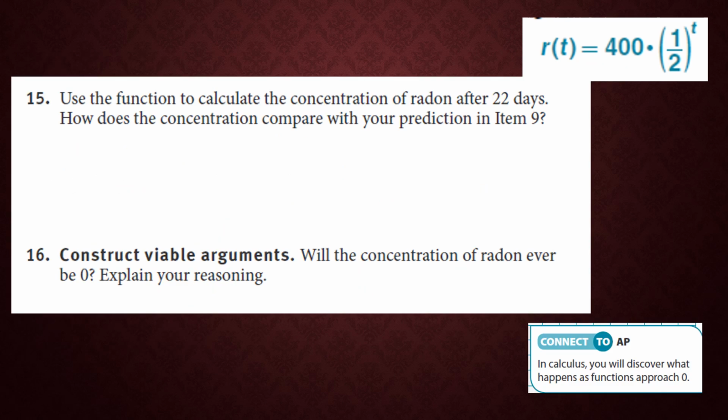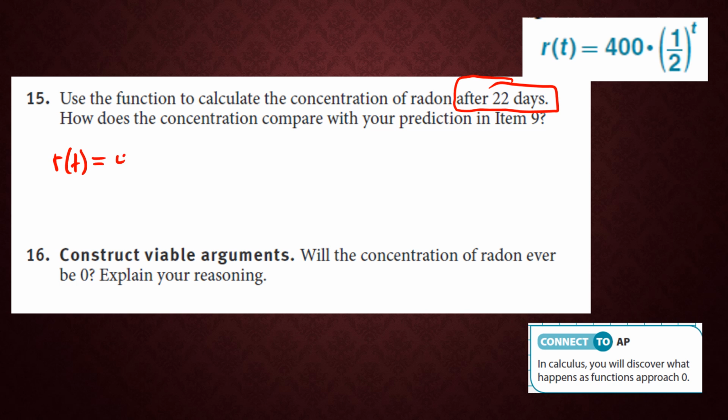All right, so again, as always, I'm going to encourage you to try these yourself before you just copy what I say, because think about what your power is going to be when the time period is 22 days. So try it yourself, do some thinking and some struggling, see what you come up with. So let's see, our function is going to be radon based on time.